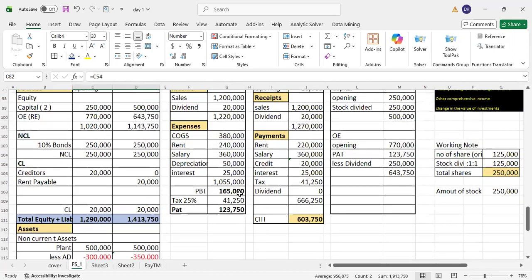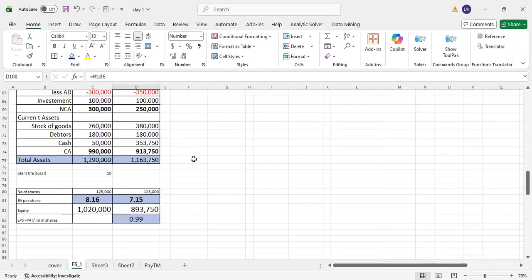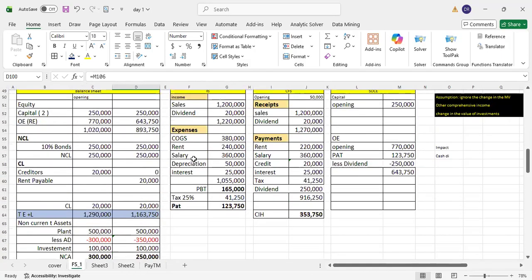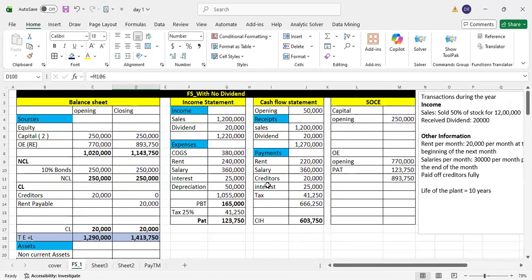So we can see that the impact of the decisions on the financial statements can be seen through by understanding the interrelationship. The financial statements which we have prepared here are not arbitrary. All these have been prepared using the generally accepted accounting principles.